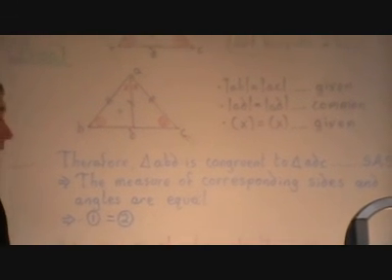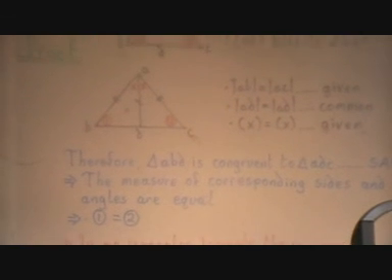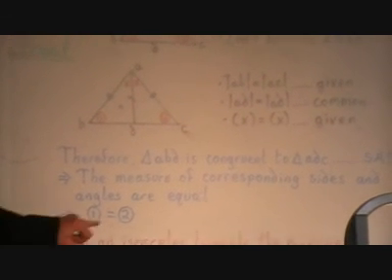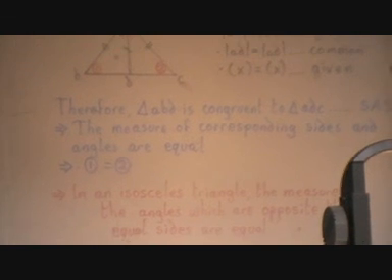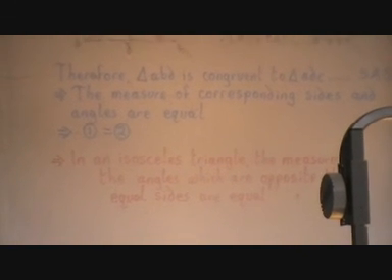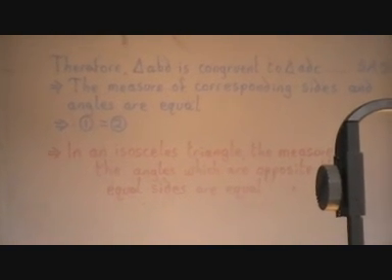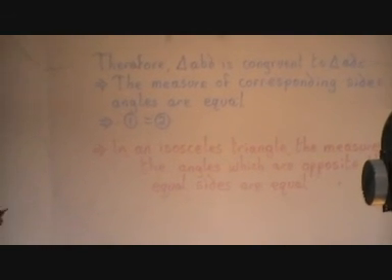And because the triangles are congruent, corresponding angles are equal to each other. Therefore, angle 1 is equal to angle 2. And the theorem is then proved: in an isosceles triangle, the measure of the angles opposite the equal sides are equal. Any questions, please? Okay, thank you.